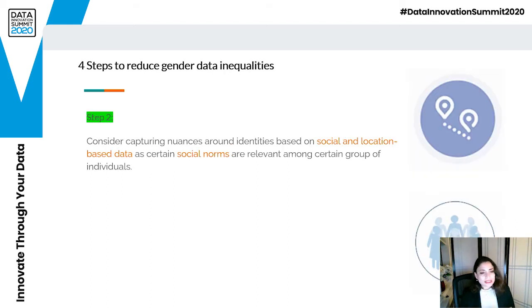Step two, consider capturing nuances around identities, based not just on social identity but also on location-based data, because certain social norms are only relevant among certain groups of individuals. If we end up introducing vagueness, that makes the data point less powerful.